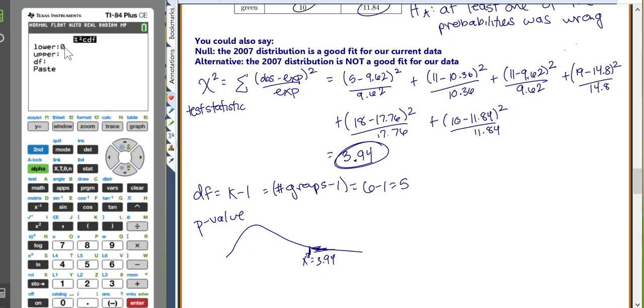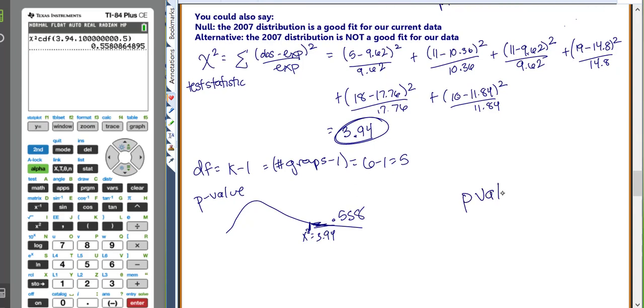So I can put in my lower bound of 3.94. I can put in my upper bound of like 1,000,000 because it's supposed to be infinity, but we'll just do 1,000,000. We can put in 5 degrees of freedom. And it looks like this area is 0.558.